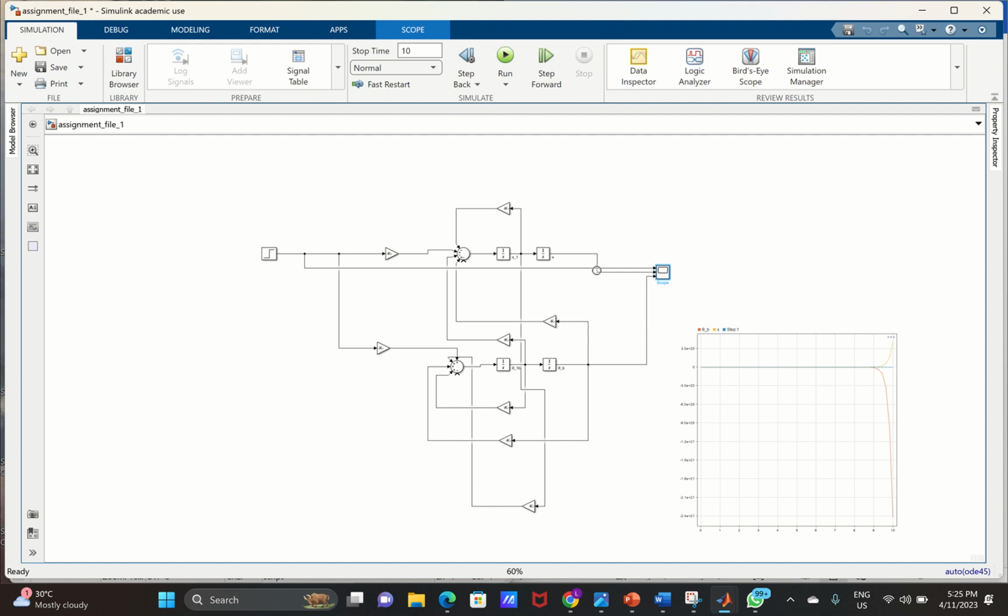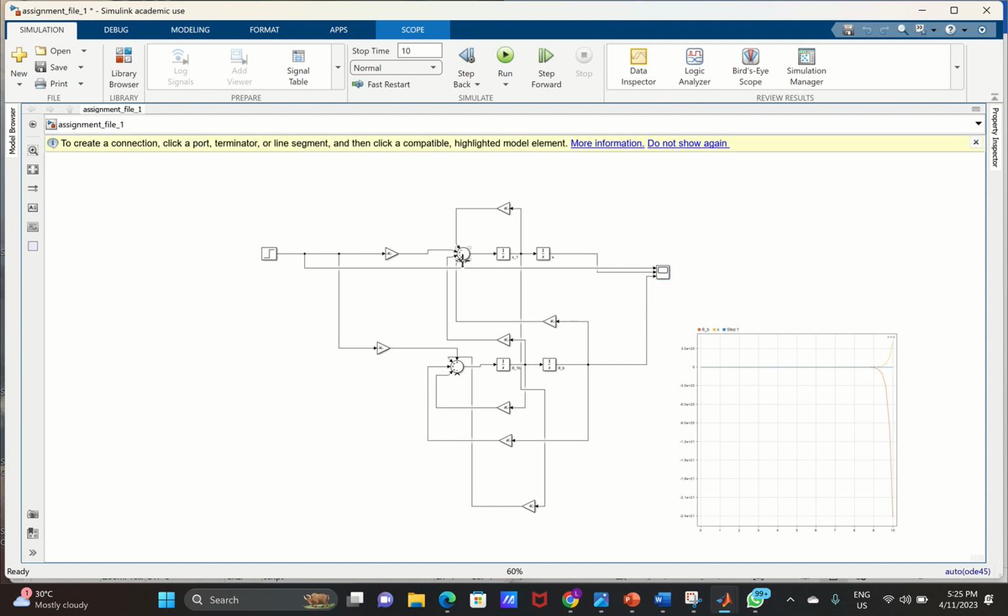We could also try to put back the feedback of X into this summing point, and likewise the feedback from theta B into this summing point, and see what happens.